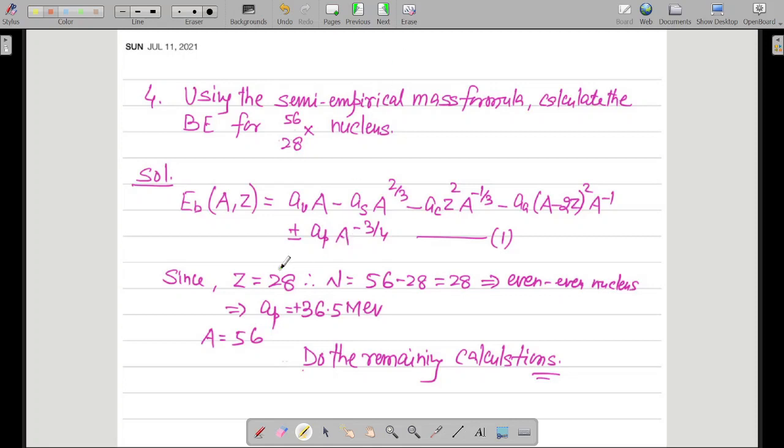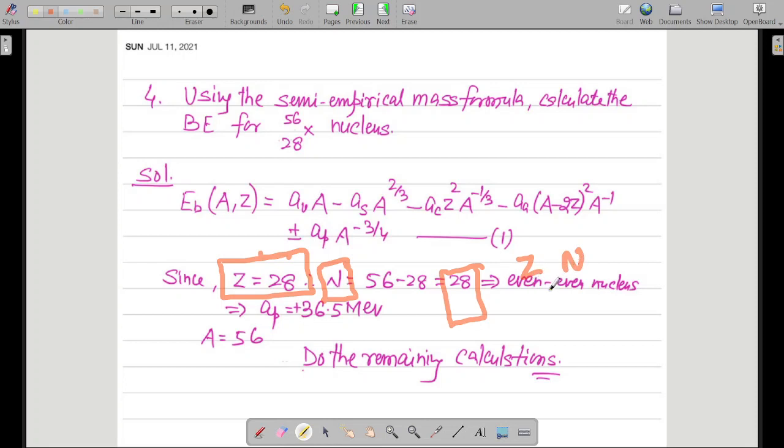Now when Z equals 28, you can calculate the number of neutrons, and the number of neutrons which you get is 56 minus 28, which is 28. So this is a nucleus with Z even and N also even. The number of protons is even and the number of neutrons is also even in this particular nucleus.